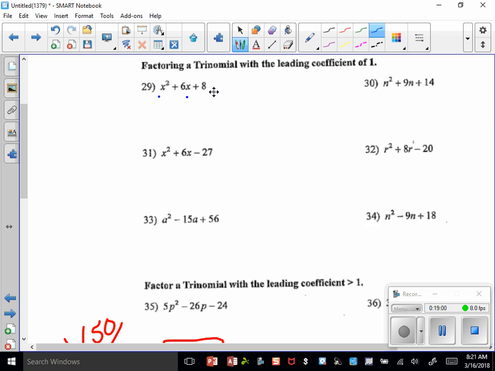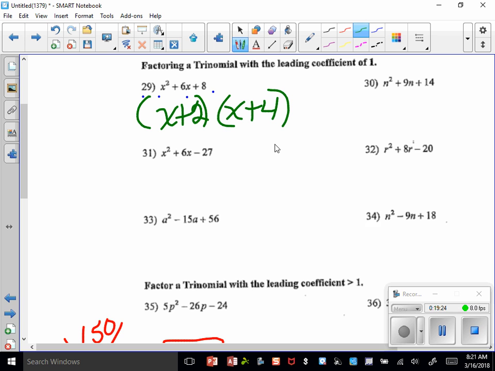So really, when I multiply A and C together, it gives me 8. So what times what gives you 8? It also equals 6. 2 and 4. So I wouldn't go through that whole X method and get this answer. That's something that you should be able to do in your head. Okay? Because the A term is 1. It's very easy to do.